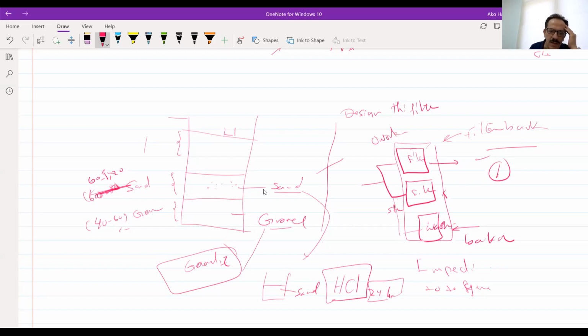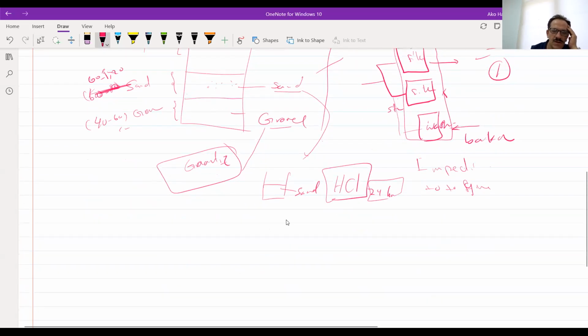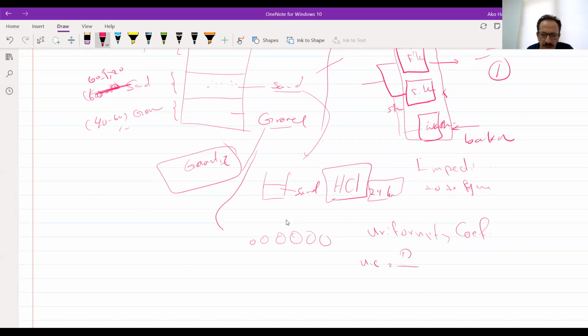The same applies to gravel. The main point about the gravel is that it should have a granular shape and a uniformity coefficient. Uniformity coefficient, as you have it in soil mechanics, UC or Cu, is D60 over D10.